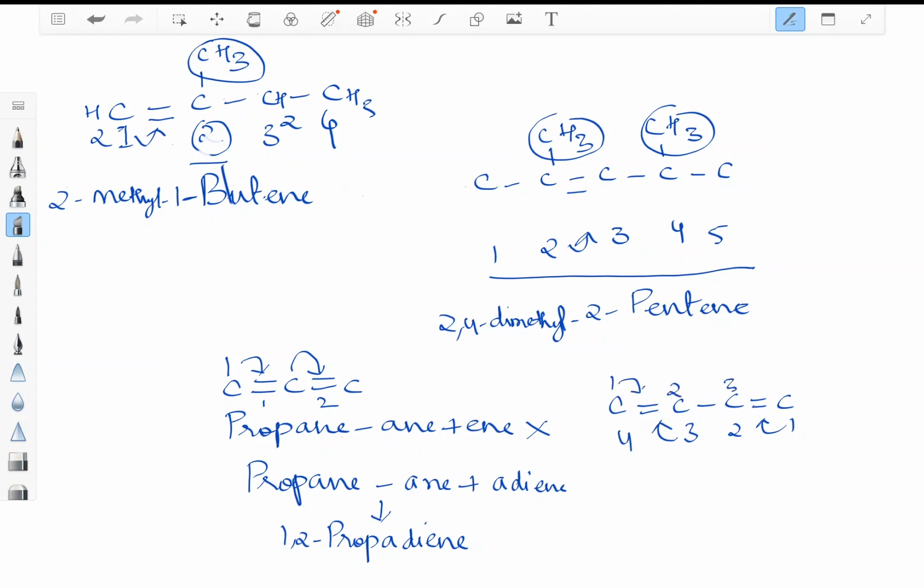If I number from the left side or the right side, the positions are 1 and 3. But butane, minus ane plus adiene. The name will be butadiene. Position is 1,3-butadiene.